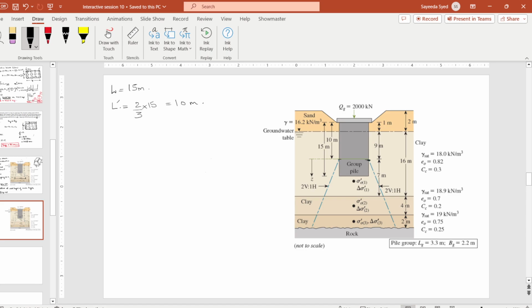Yes, Qg is directly given. If Qg was not given and only the load was given, we would have subtracted the excavated weight of the soil. Okay, somewhere at, let me draw actually the midpoints of the layers.